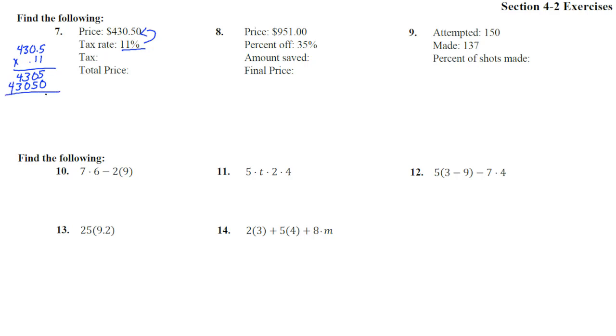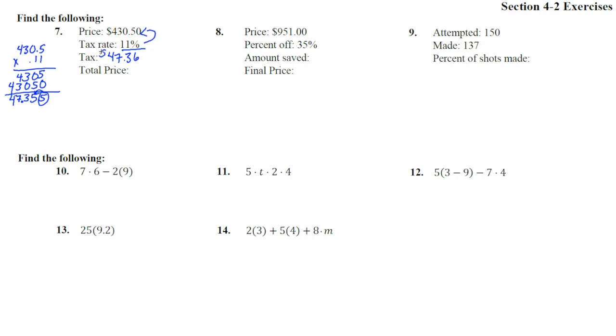Good, and add it. We get a 5 there, we get a 5 there, we get a 3 there. 4 plus 3 is 7, and 4. And then 1, 2, 3 digits behind the decimal place. So this is going to be 47.3. Oh, we're doing money. So that is going to make that a 6.